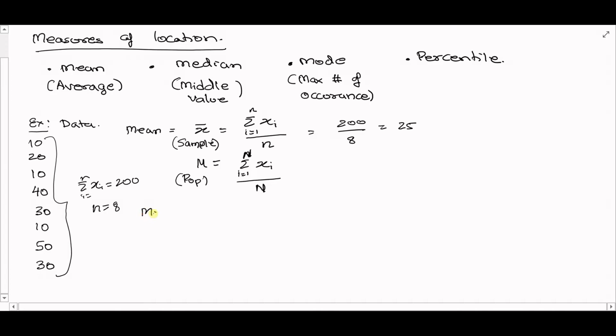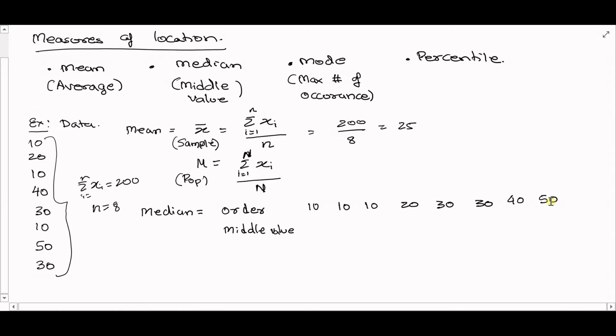To get the median, there are two steps. First step is you order the data set and then find the middle value. So we order the data set, which turns out to be 10, 10, 10, 20, 30, 30, 40, and 50 in ascending order, and the middle value in this data set is your median.